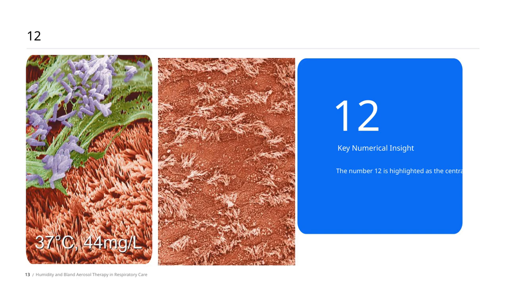Now, let's take a closer look at the number 12, which is highlighted here as the central focus of this slide. This number actually represents a key numerical insight in the context of humidity and bland aerosol therapy in respiratory care. When we talk about this number, we're emphasizing its importance in understanding how certain parameters influence patient outcomes.